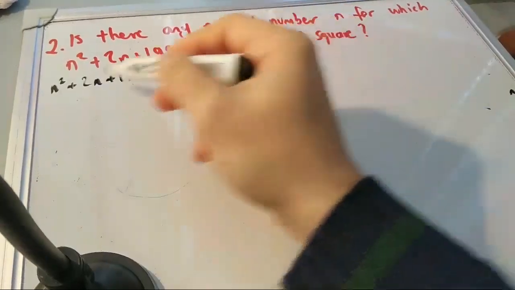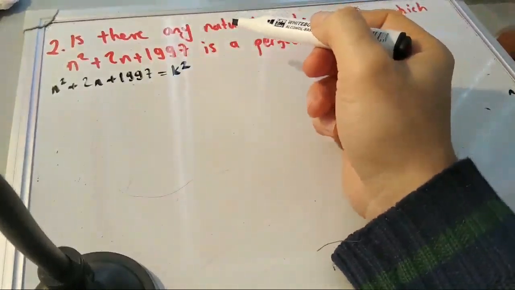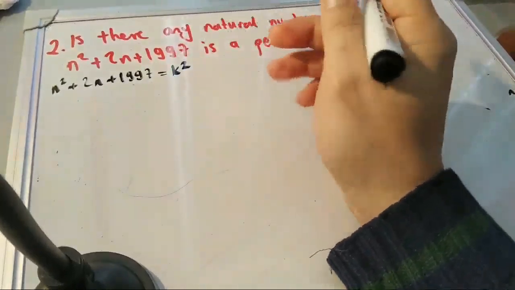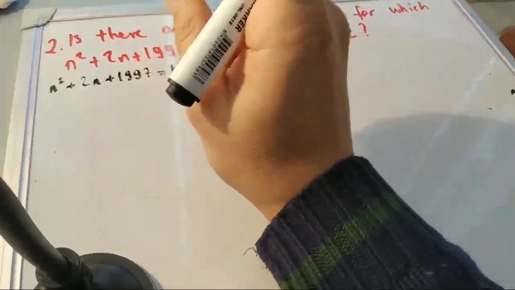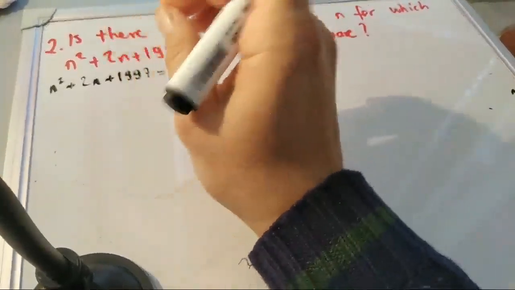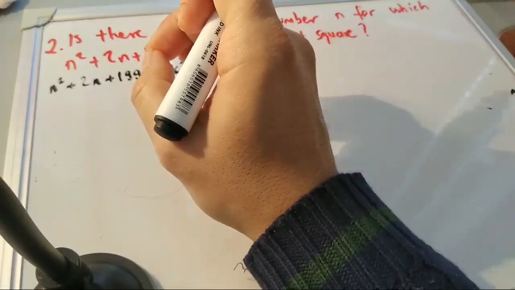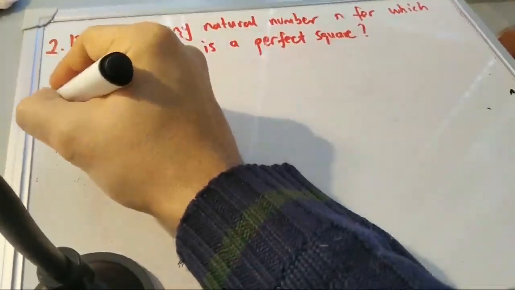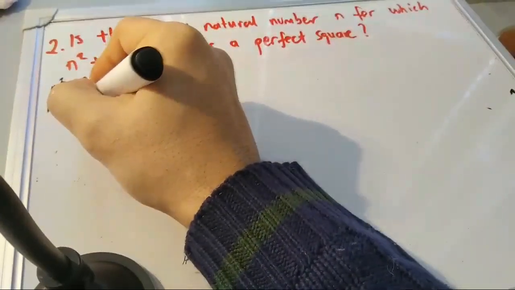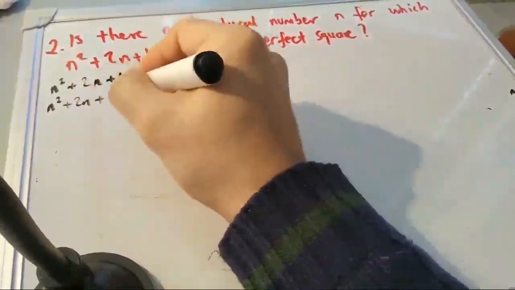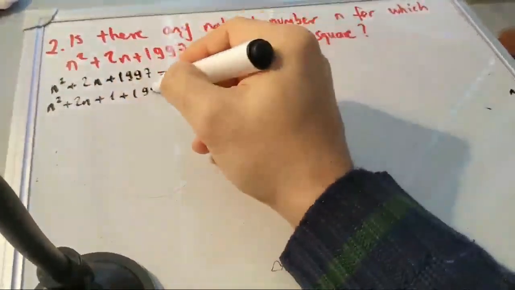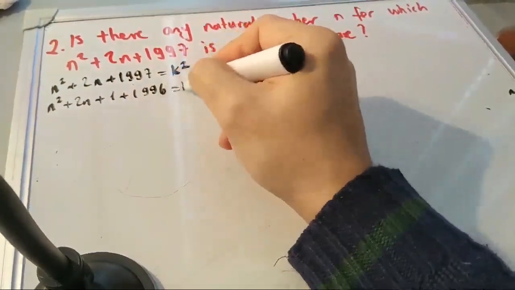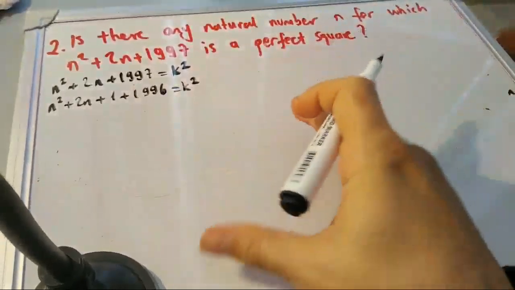It must be a perfect square. Yes, you're right. So instead of 1997, as we have done before, remember, we separate n squared plus 2n plus 1 plus 1996 is equal to k squared.